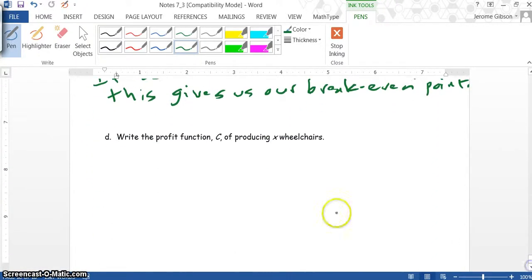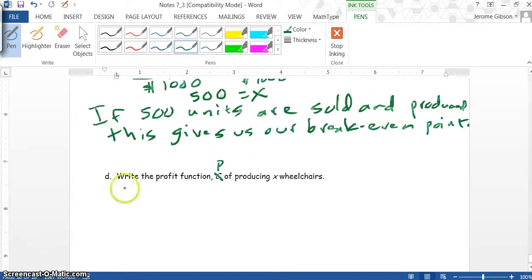Okay, now it says write the profit function P of producing x wheelchairs. Now remember, the profit function is actually P. So now what we need to do is write the profit function. So it's P of x equals R of x minus C of x.